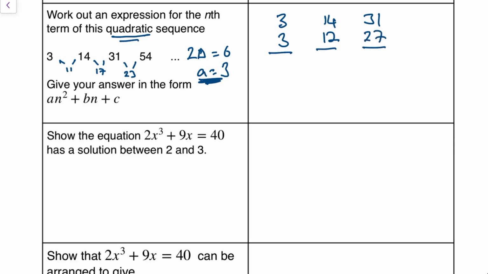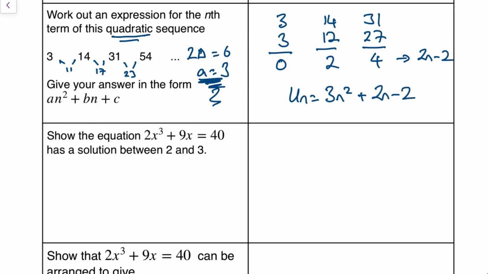Then if I take away the quadratic part, that leaves behind 0, 2, and 4, which is a linear sequence with nth term 2n minus 2. So therefore my overall nth term is going to be 3n squared, plus the thing I've just worked out, which is 2n minus 2, and that is my nth term.